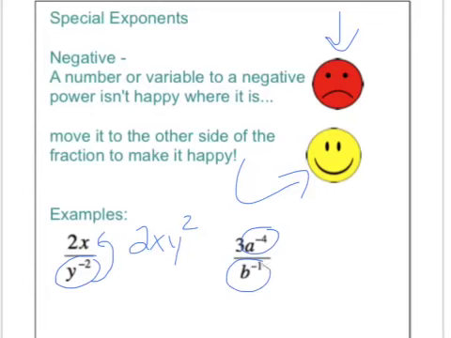These two terms, the a to the negative 4 and b to the negative 1, need to be flipped. So we're going to go 3, b to the first, make it positive, and then a to the 4th power on the bottom. We've made our exponents positive, so we have happy fractions.